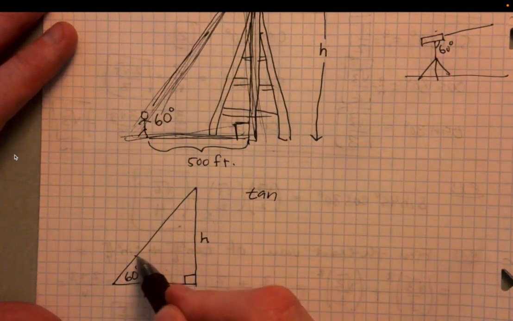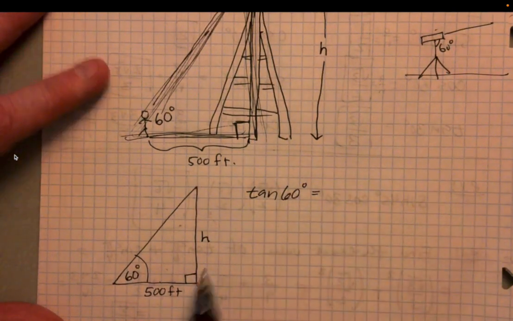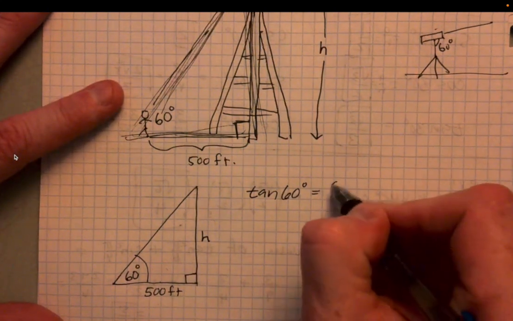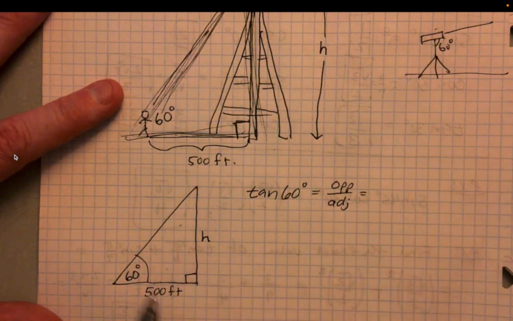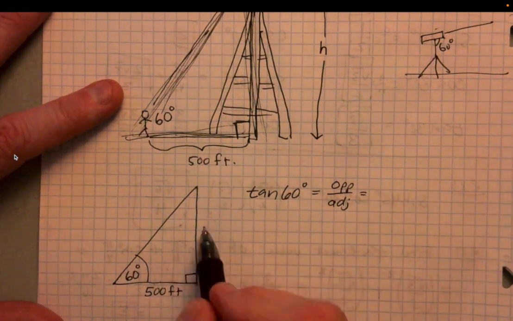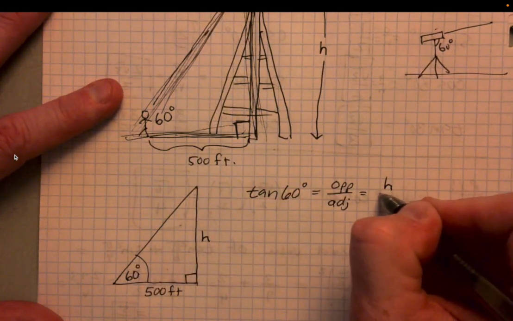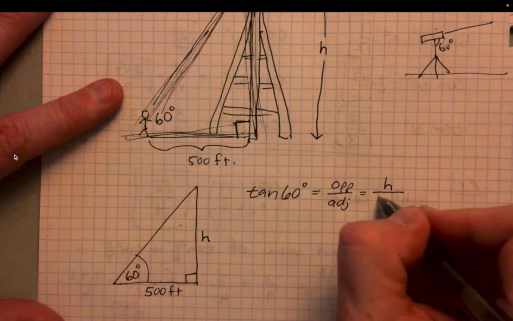Specifically, the tangent of this angle, 60 degrees, is equal to the opposite over the adjacent. In this case, the opposite side is h, the height, and the adjacent side is the 500 feet that we know.